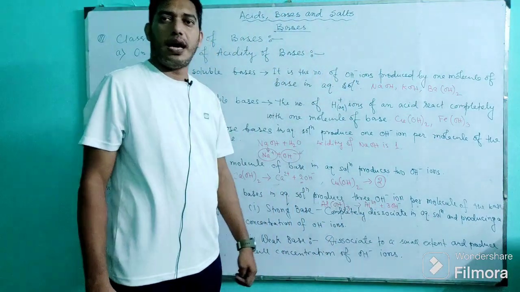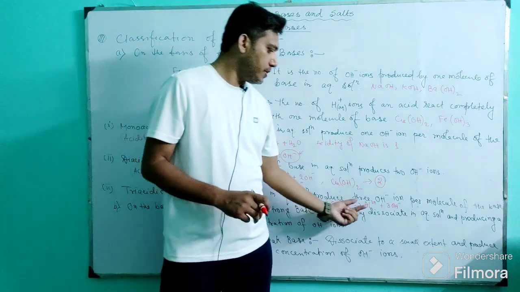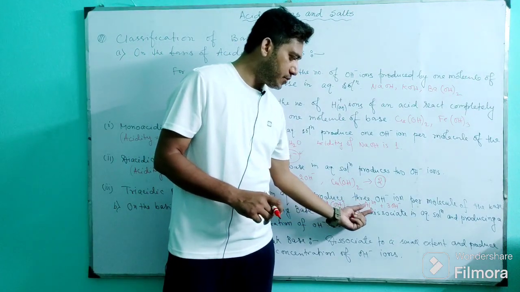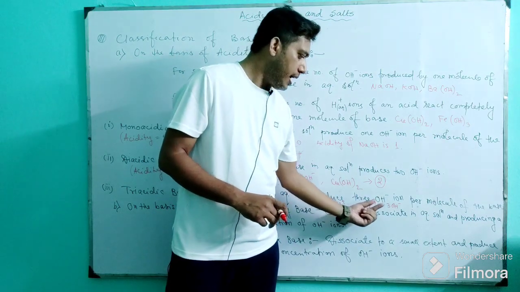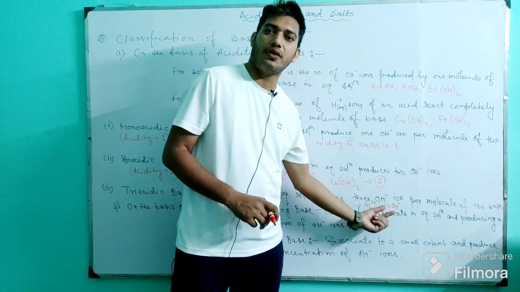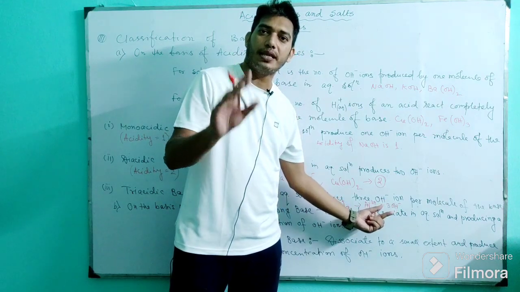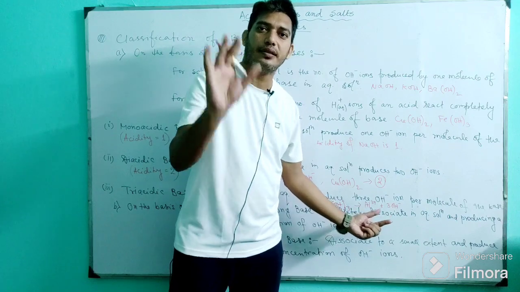The valency of aluminum is 3, so 3 electrons will be eliminated from the outermost orbit. That's why it will be Al3+ and 3 hydroxyl ions will be formed in aqueous solution. So the acidity of Al(OH)3 is 3.